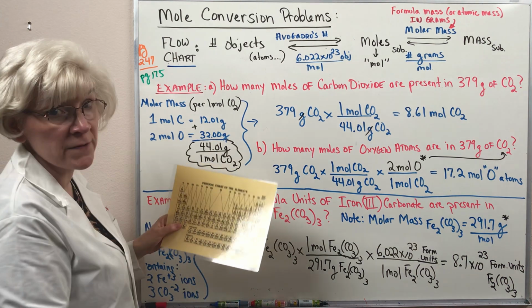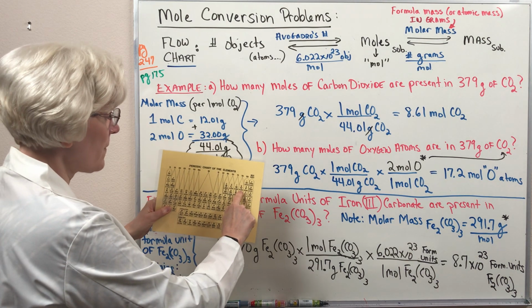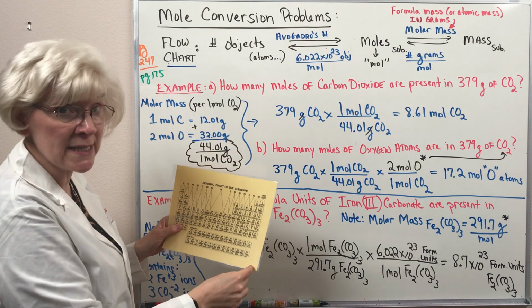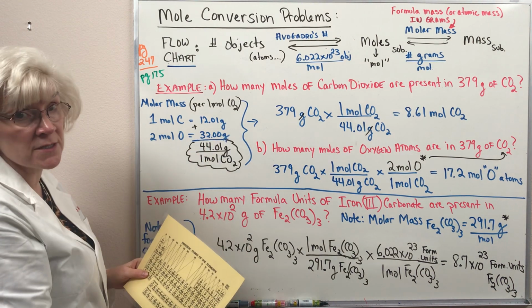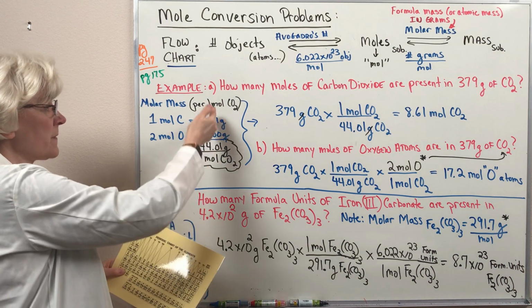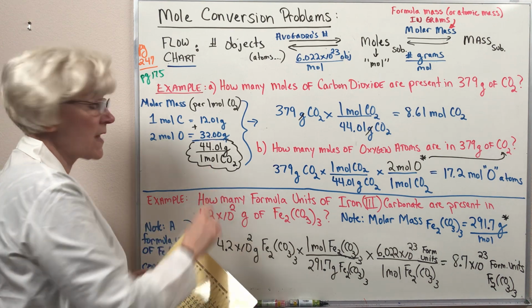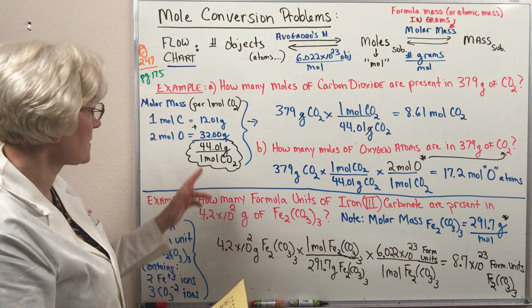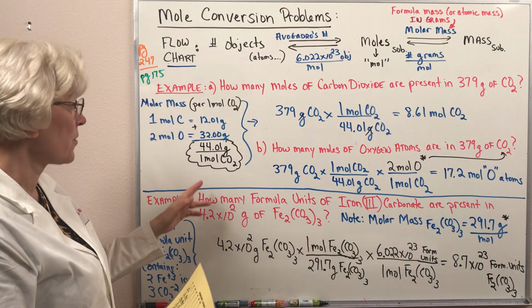The periodic table tells me that the molar mass of oxygen is 16.00 to 4 sig figs, and there are 2 moles of oxygen present in 1 mole of carbon dioxide. Adding up these masses, I come up with a molar mass for carbon dioxide of 44.01 grams per mole.